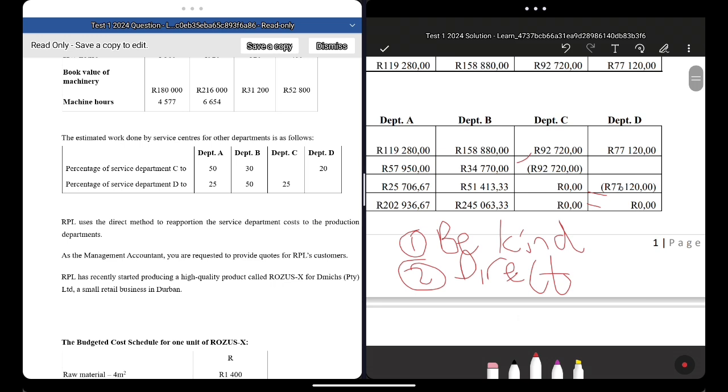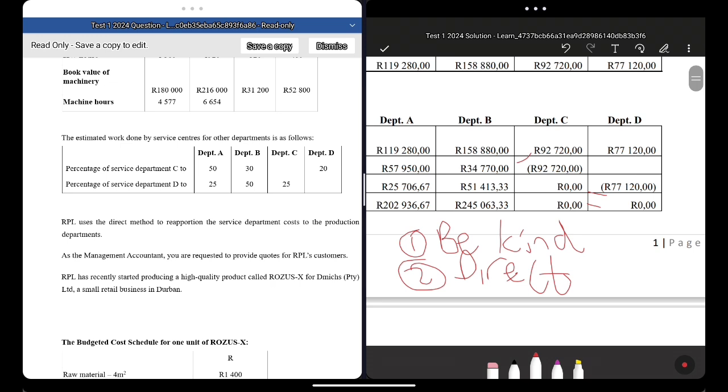That is why the amount in the second department we're closing only goes to departments A and B. So we'll take 77,120 times, for department A, 25 over 75. Why 75? Department C is closed. In the direct method, we only look at departments A and B. So 25 plus 50 is 75. So 25 over 75, you get this amount.